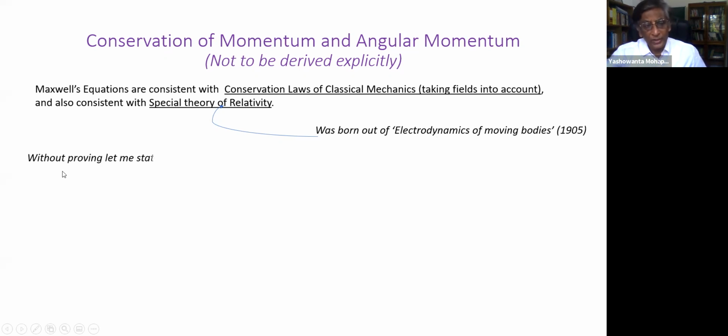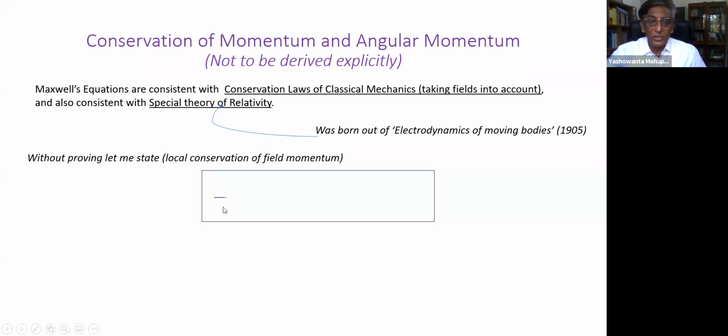Without proving, let me state the local conservation of field momentum. It is the same form as my continuity equation. So this is dp mechanical by dt, which is nothing but the force. So the force, where does it come from?